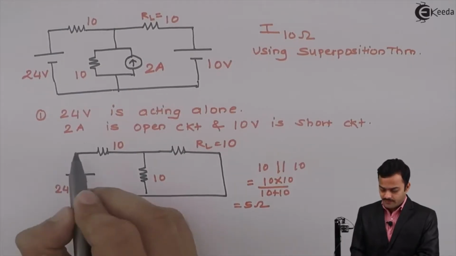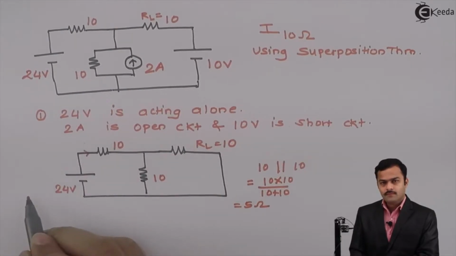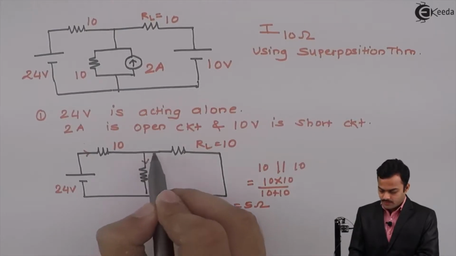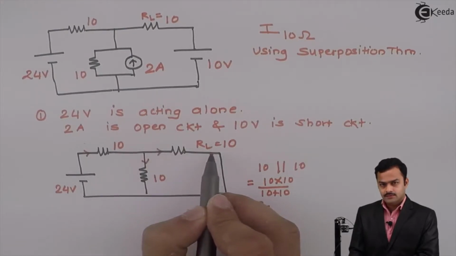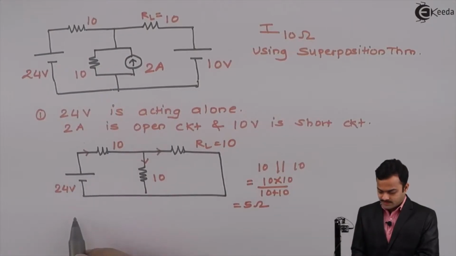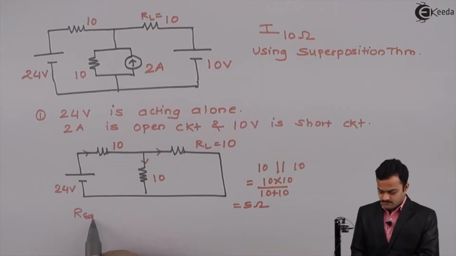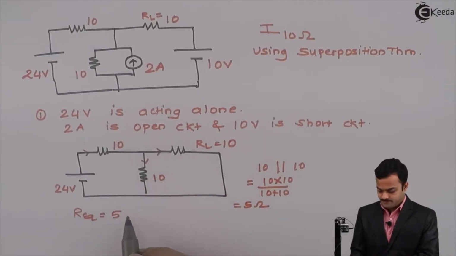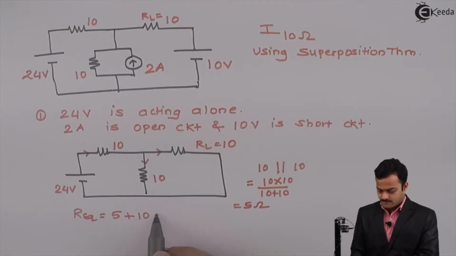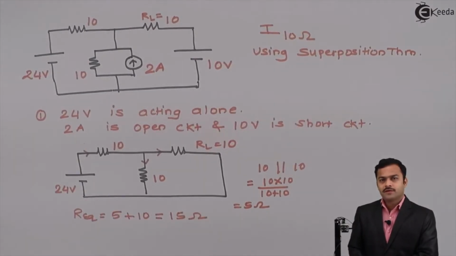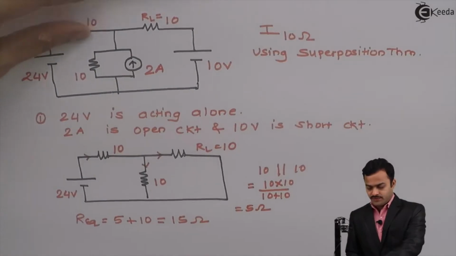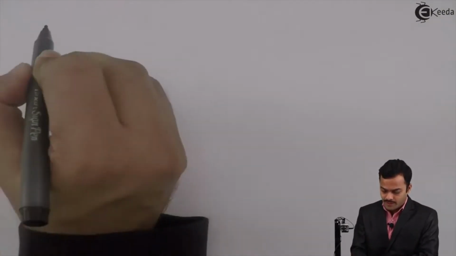See what I am doing, I am finding this current, and by using the current divider rule, I will get this current. So in order to get this current, total resistance will be 5 plus 10, which is 15 ohm.